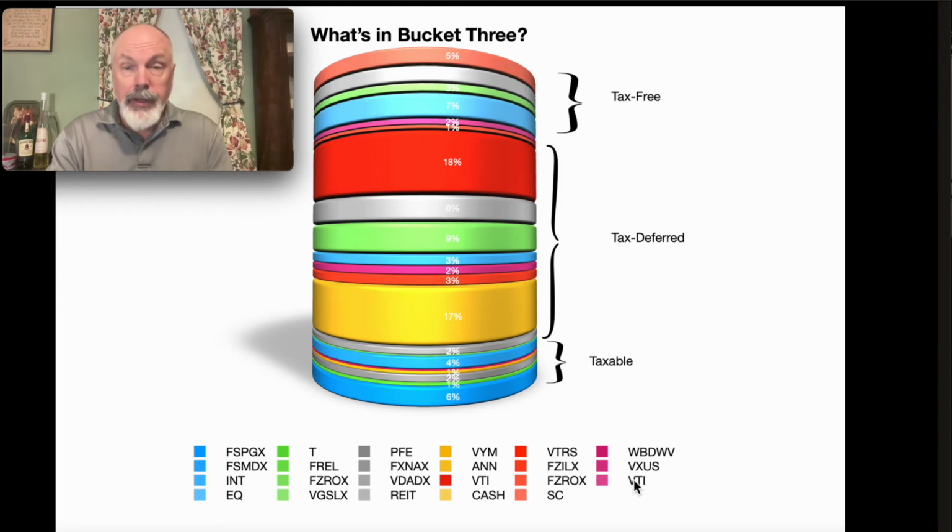And again, we've got VTI, some equity exposure in my Roth 401k, some real estate exposure in my Roth IRA, real estate exposure in my Roth 401k, a little bit of cash that gets redeployed at some point here, and some small cap. Those are all the assets that we've got here. Now, the big changes here were this VTI to replace the Wellington.